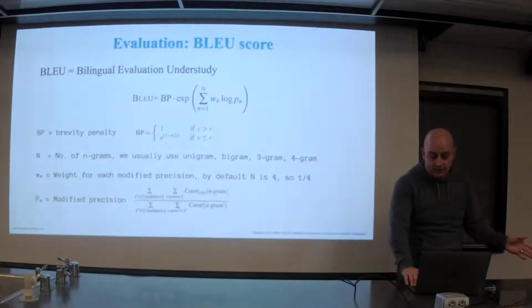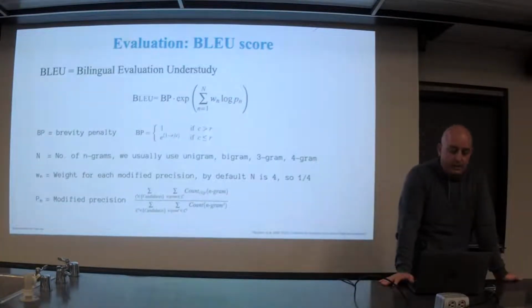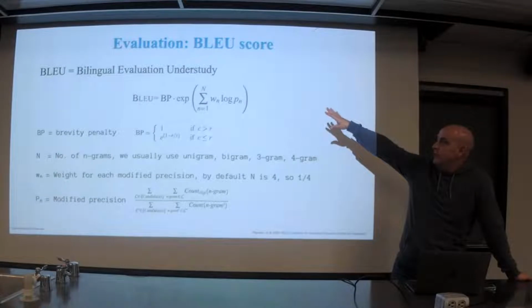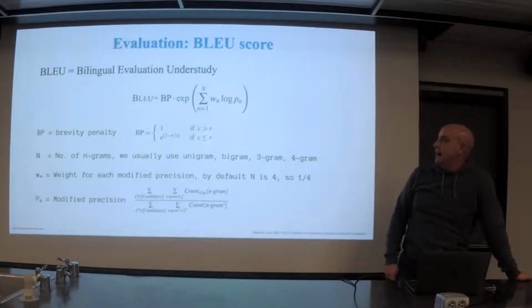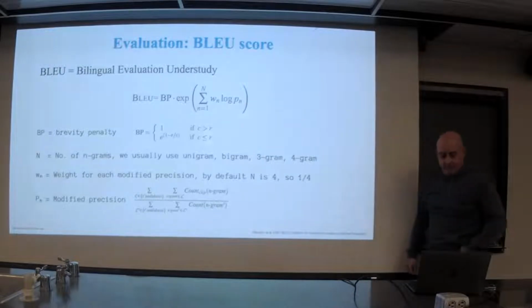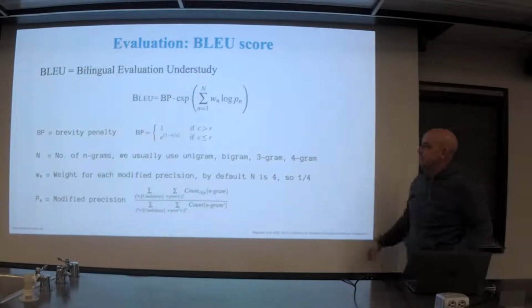The way that this gets evaluated is what's called a BLEU score. That's an acronym for bilingual evaluation understudy, and it looks like this. This is the score. It's kind of a bizarre, tricky thing to look at, but the idea is the following.